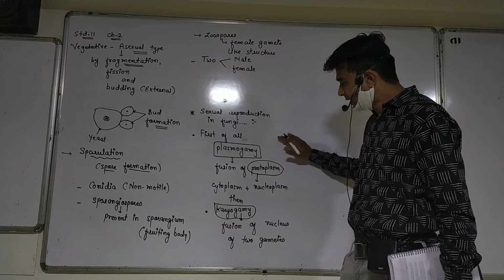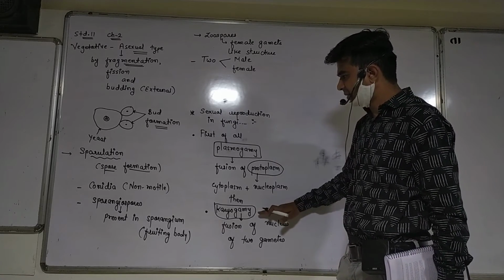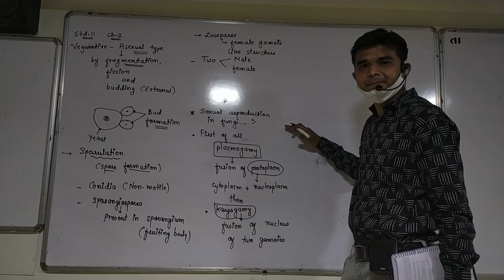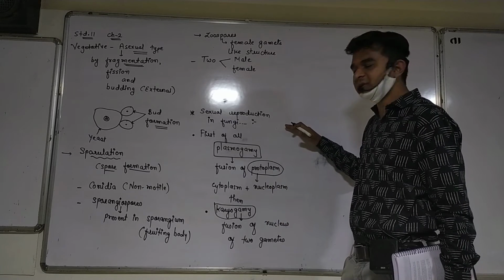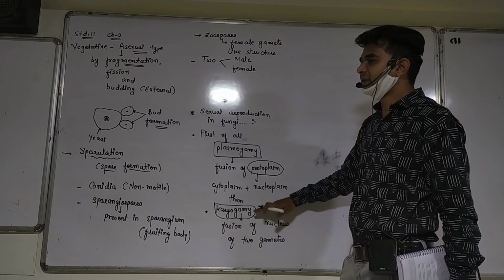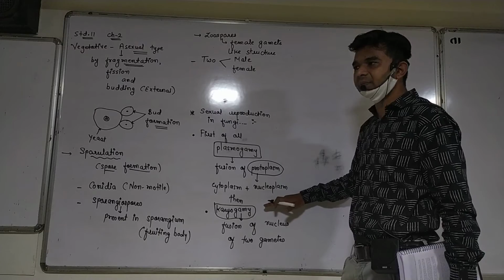Now at the end of plasmogamy and karyogamy, what happened? The fluid portion becomes double and the nucleus becomes double. Fine. So the fluid and nucleus both become double.